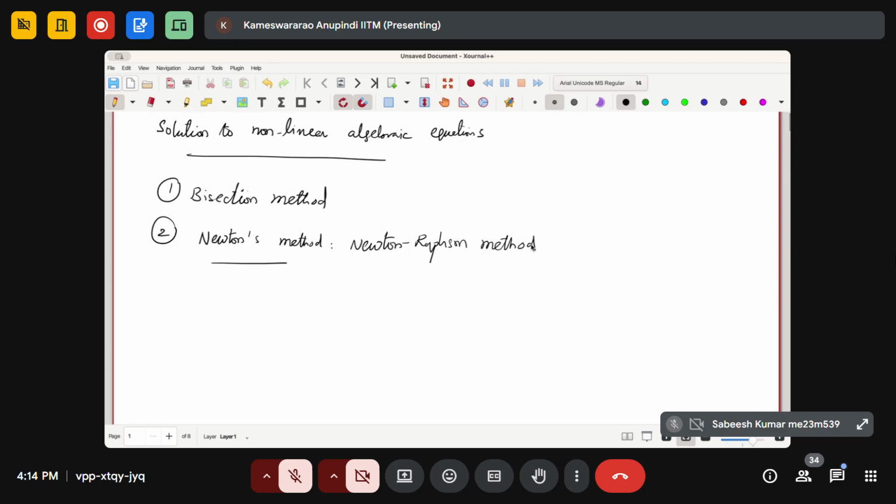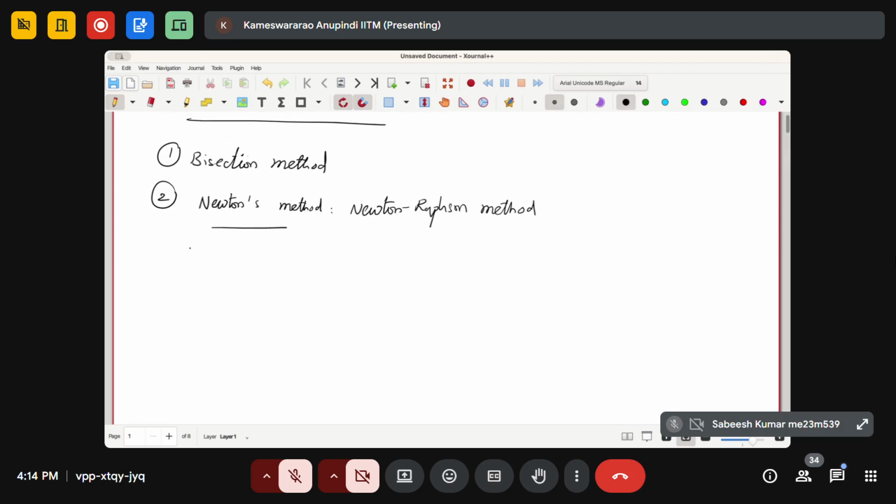Newton's method is a very popular method because it has applications in the solution of differential equations as well as integral equations.